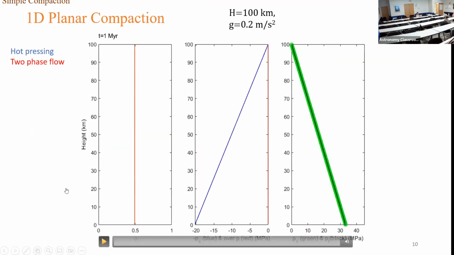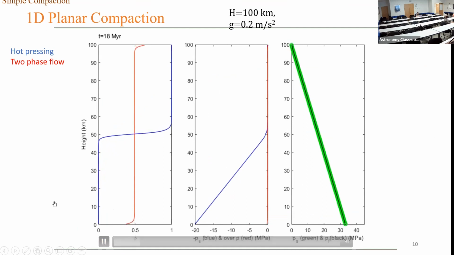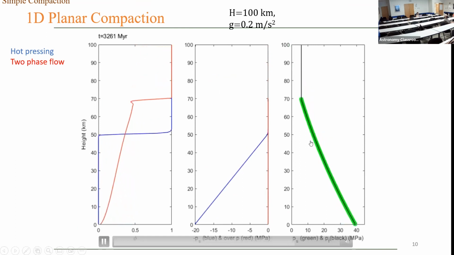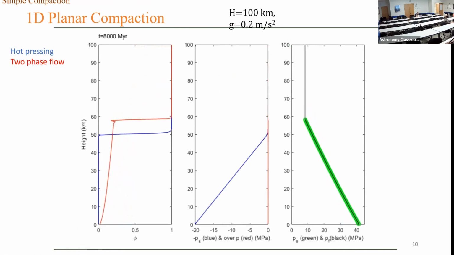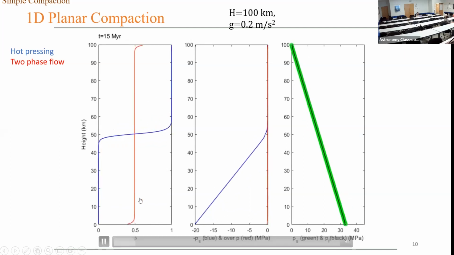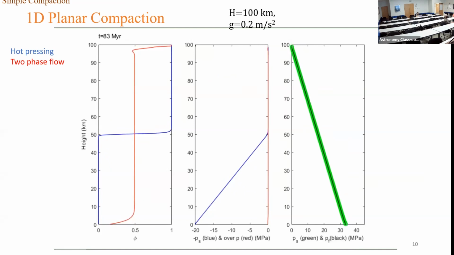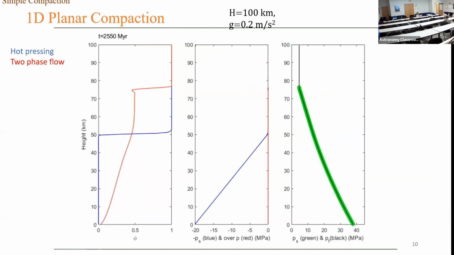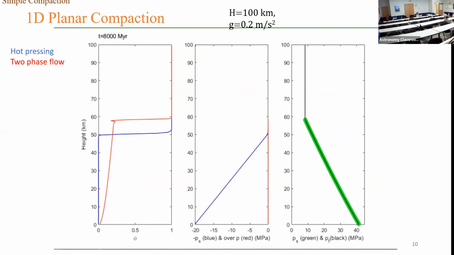If I play this, blue is 1 phase, red is 2 phase, and this green and black is only for this 2 phase, the interesting case we derived. If we play it again, at the beginning, the compaction, this full display only happened at this boundary layer at the bottom, and accelerated those fluids before it's too cold.